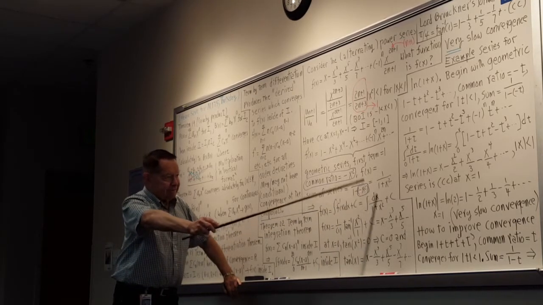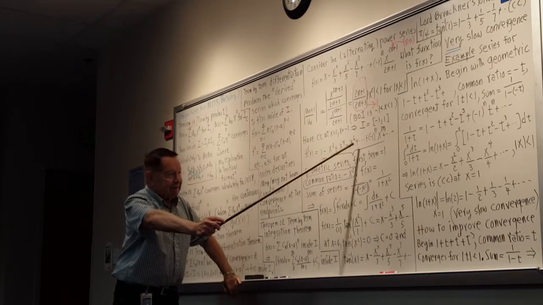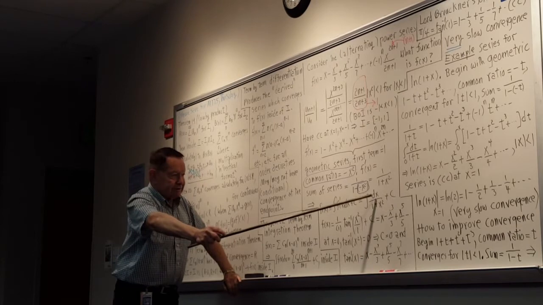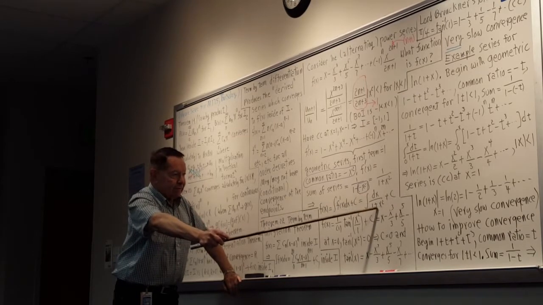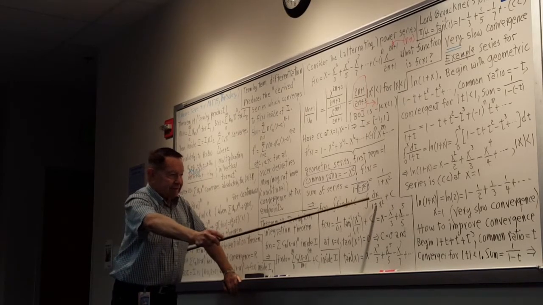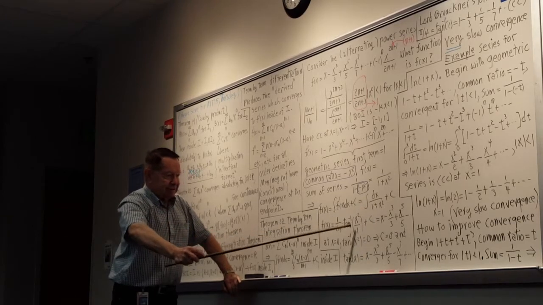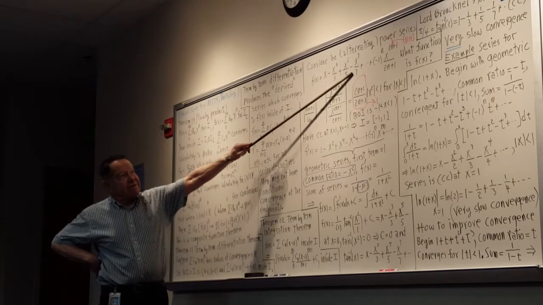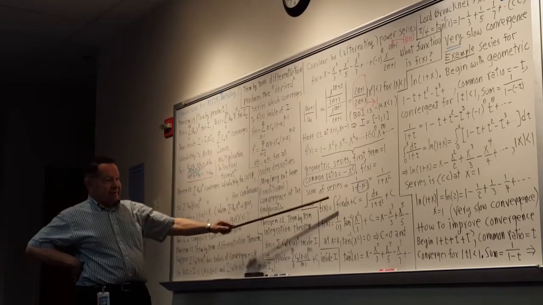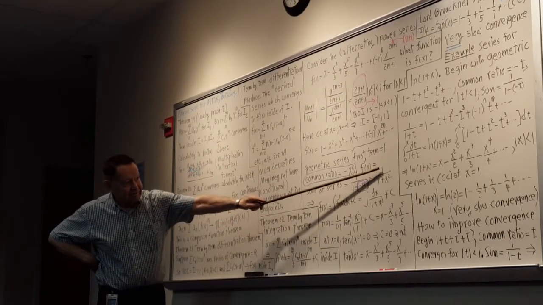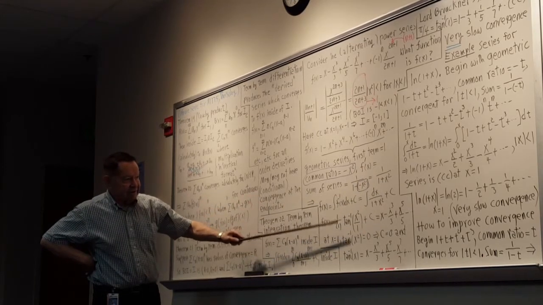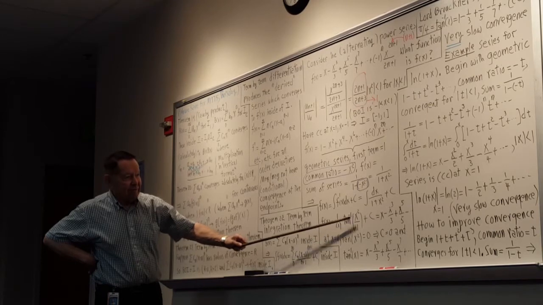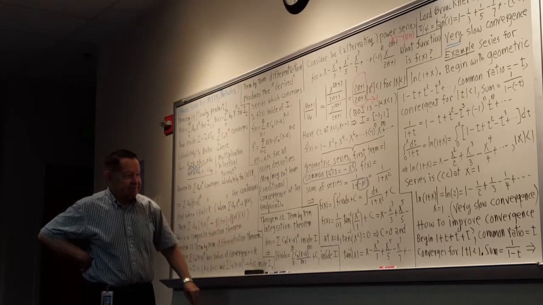So the original function that corresponded to this series is the integral of its derivative. So it's the integral term by term here of the function 1 over 1 plus x squared, which gives you arctangent. So this is actually the series up here then for the integral of this, which is arctangent of x plus a constant.